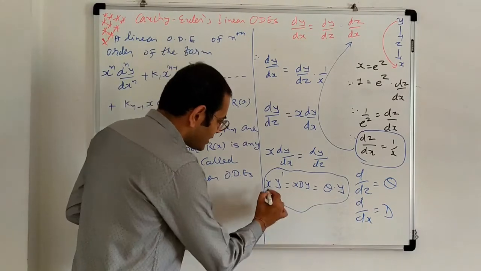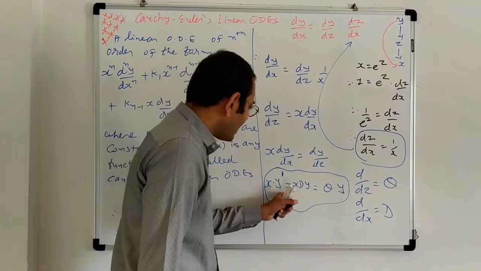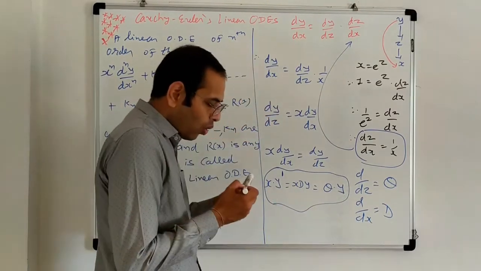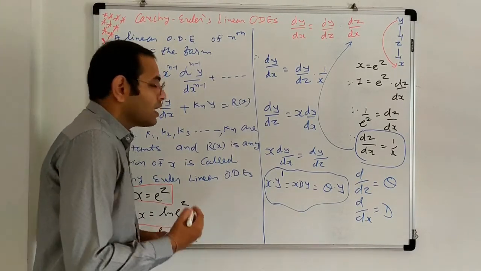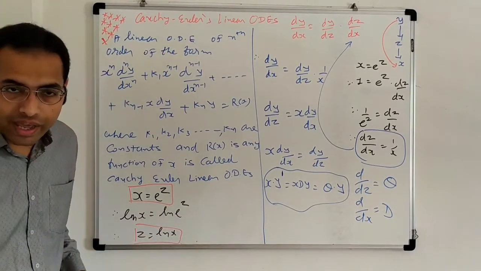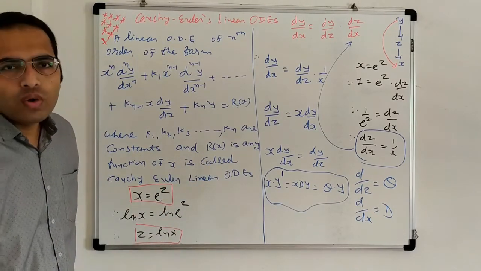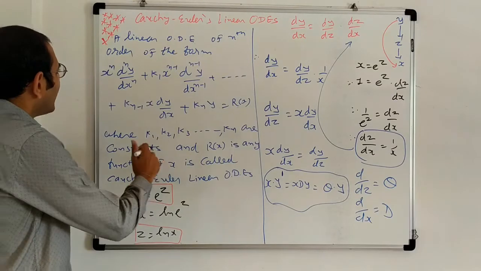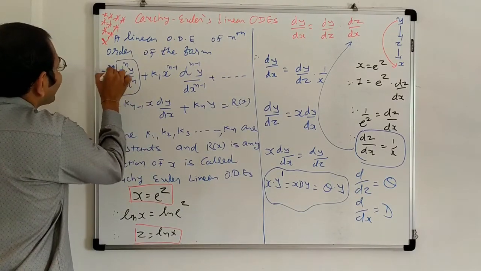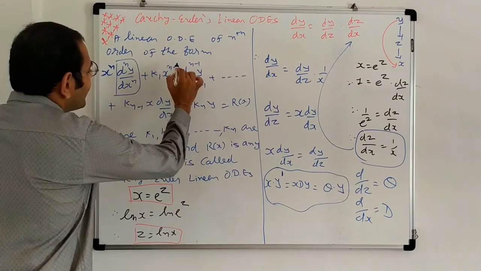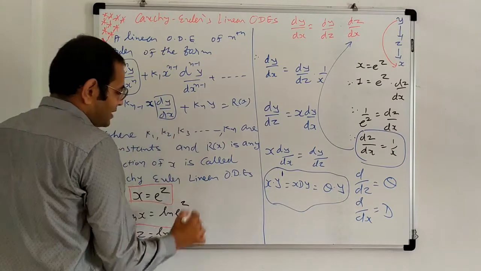Similarly, single-order derivative times x gives theta into y. First of all, how can we identify that a differential equation is Cauchy-Euler's linear differential equation? The nth derivative must be multiplied with x raised to n. Single derivative is multiplied with x.